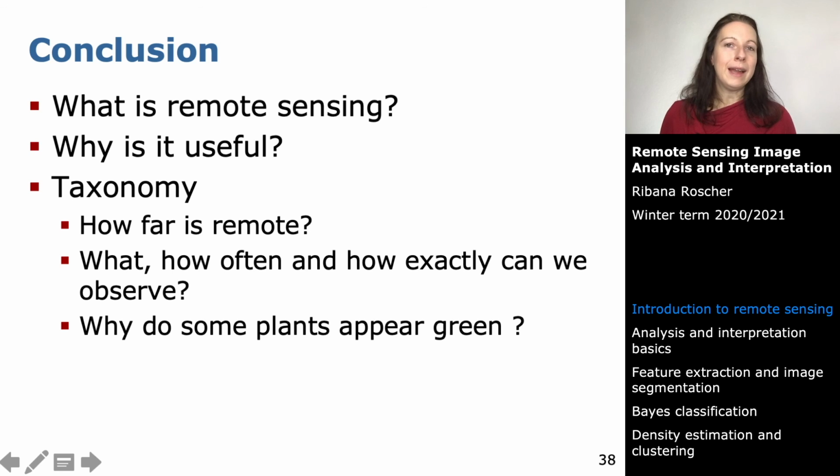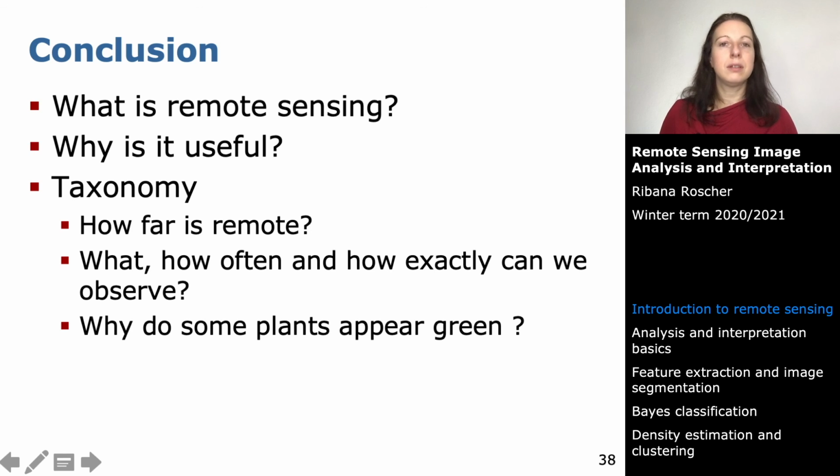Now you know why it is useful. Remember what I said, satellites help us to monitor the whole Earth. The only thing left is, when you have all the data, you also need to analyze it, and this is what we talk about in the next lectures.